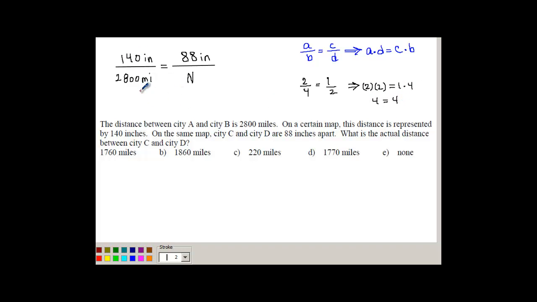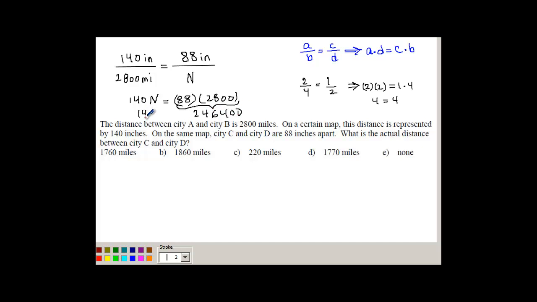So here we're going to cross multiply these numbers. So you write 140n is equal to 88 times 2,800. On the right hand side, if I multiply these two numbers together, I record it here, I can solve for n.